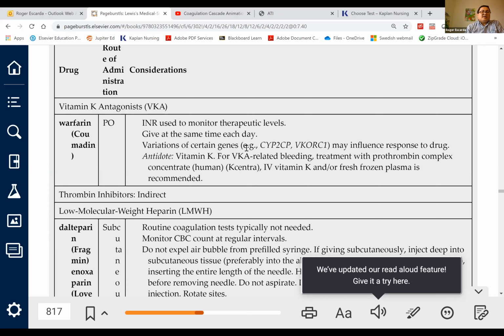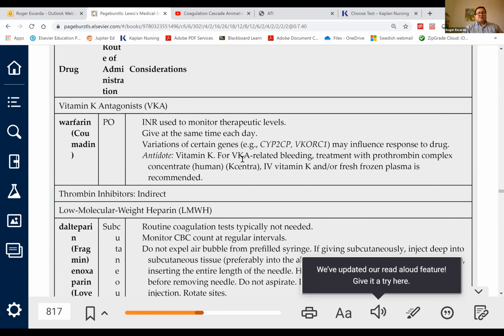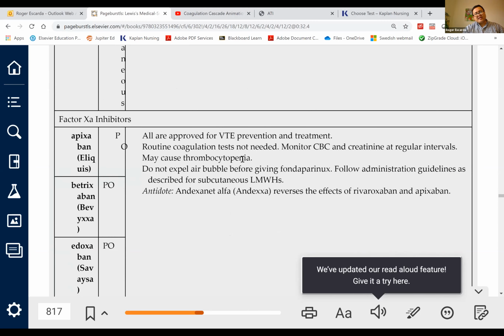However, since it's a vitamin K inhibitor, will it affect future or existing clotting factors that are already in the plasma? Future. Only future.